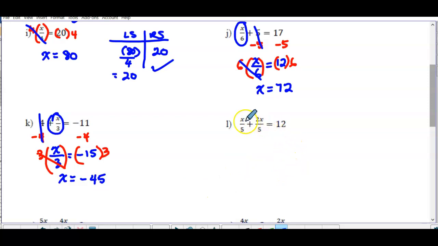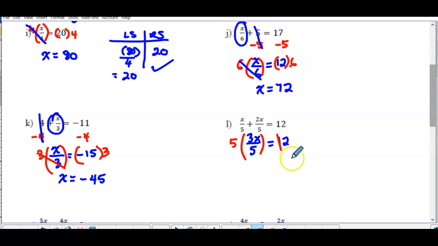Next one, I have 2 terms with x in it, so I need to collect like terms. They're both fractions. Luckily, they have a common denominator. So really, I just add the numerators, keep the denominator the same. So that's 3x over 5 equals 12. Now I'm going to get rid of the 5 first.